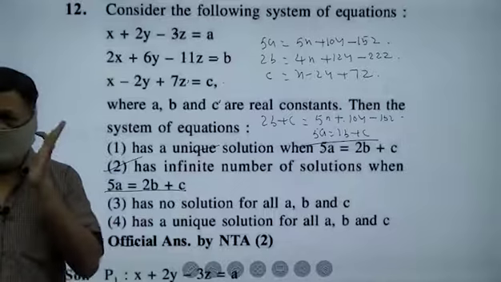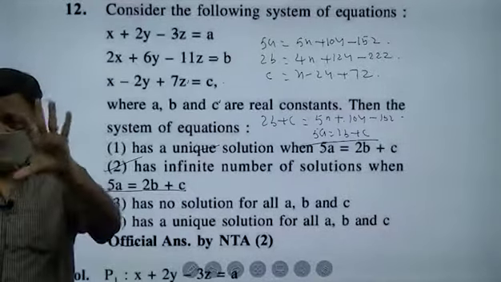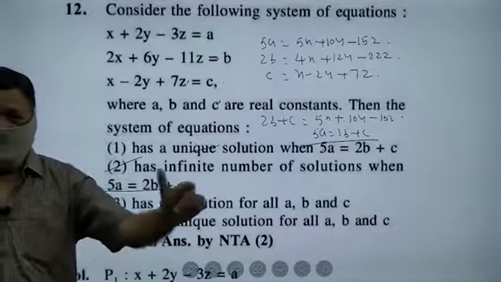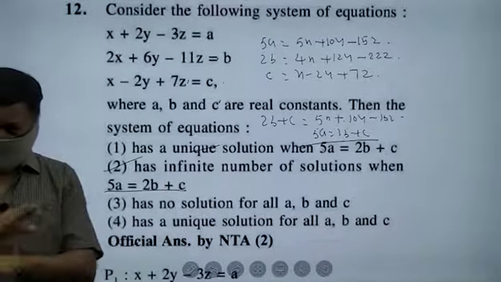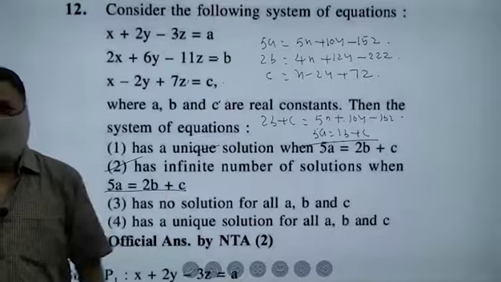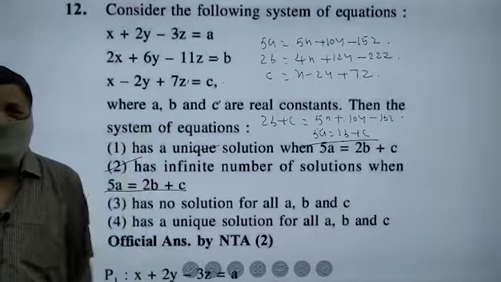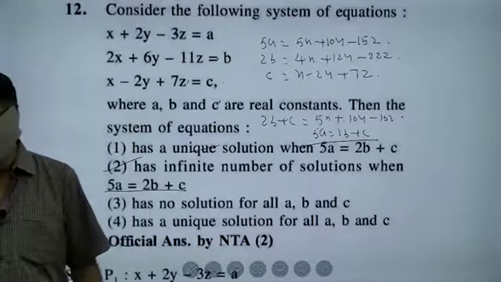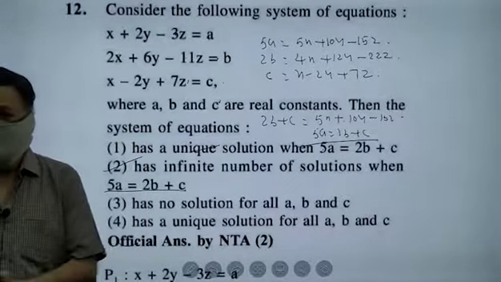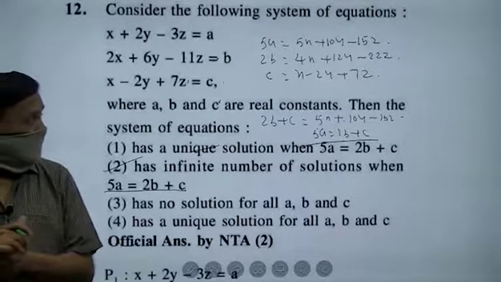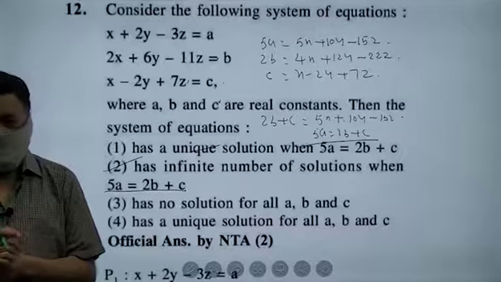So, you remember one point. If three equations are there, if one of them can be expressed as linear combination of other two, definitely infinitely many solutions. Because only two equations, three unknowns, means infinitely many solutions. Right on that point. Here, 5a is equal to 2b plus c.